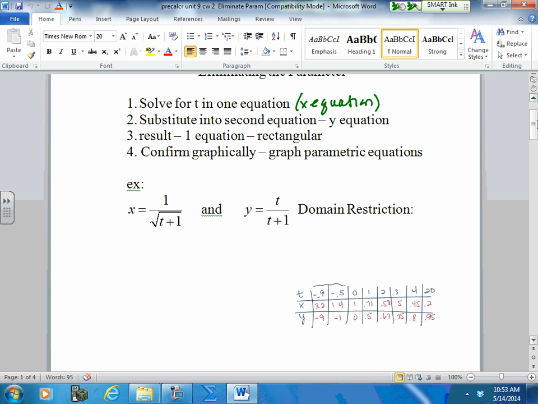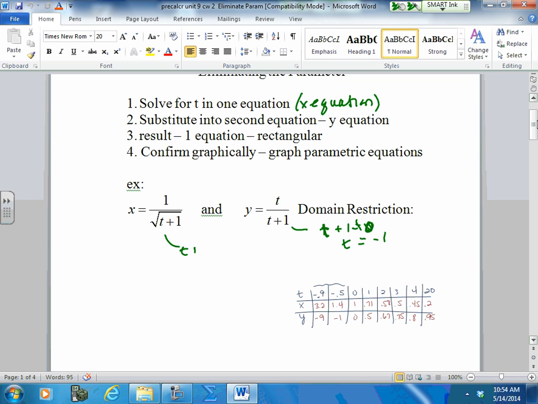Now, unfortunately, this has a domain restriction. We have two denominators. This denominator, I have to set so it's not equal to 0. So t cannot equal -1. Agree? If I put a -1 in here, I have a 0. It won't work. In this denominator, I have a radical.